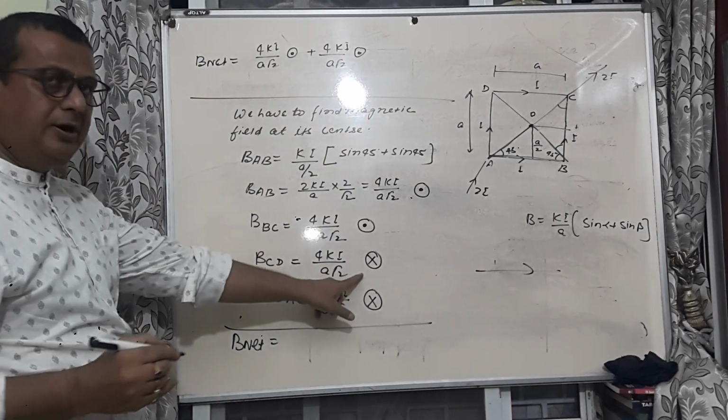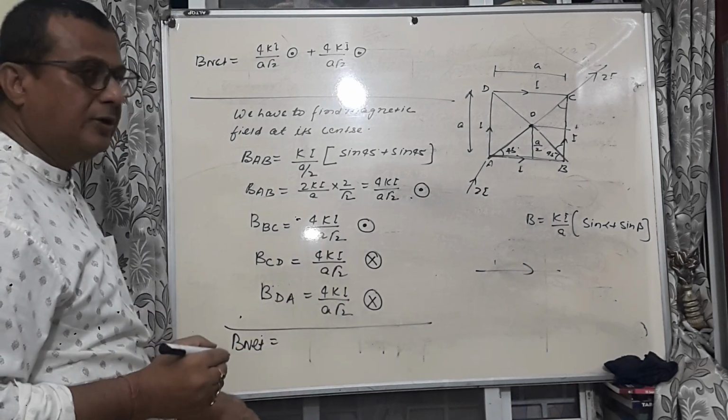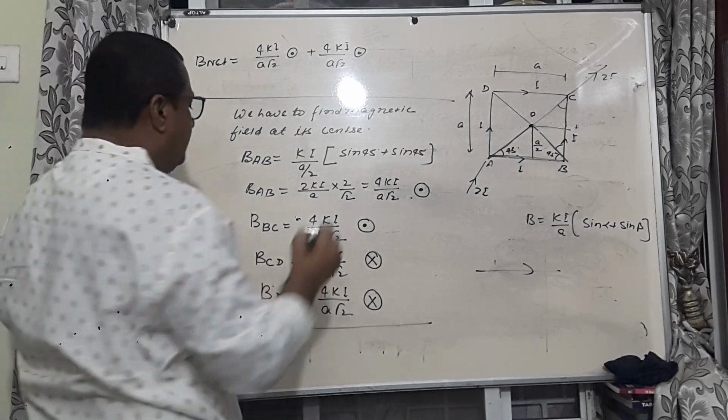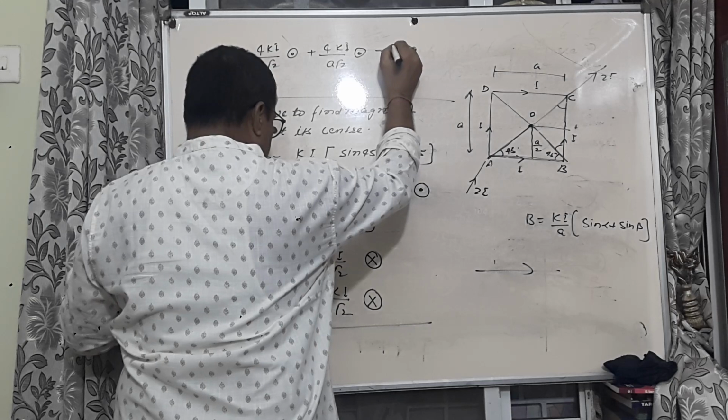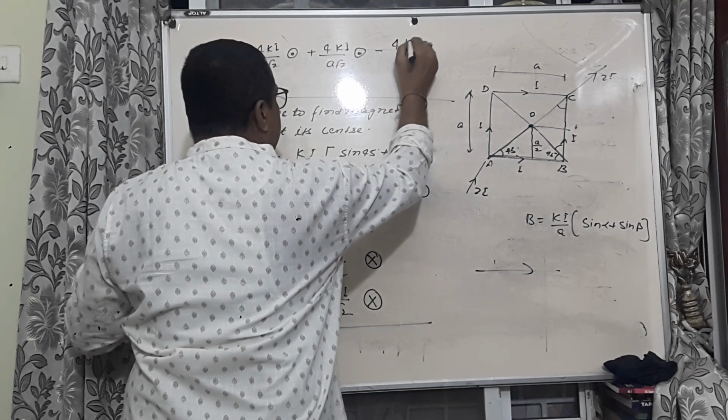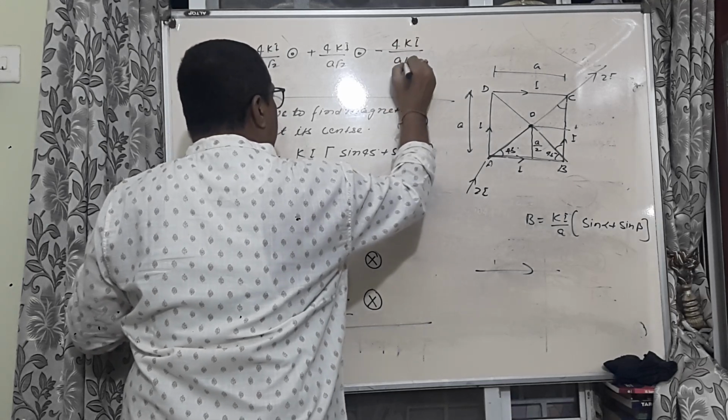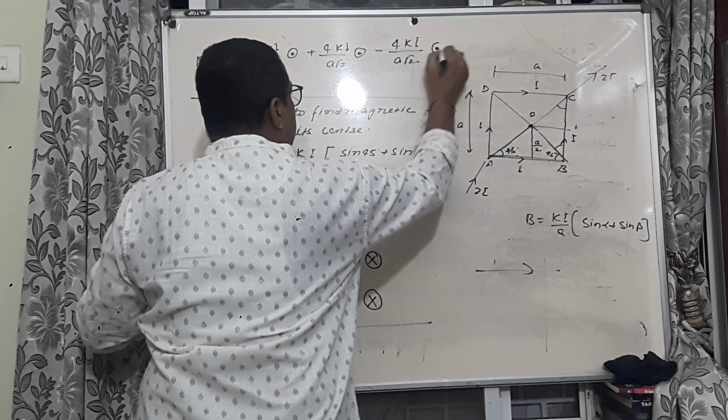This one is inward, so make it outward. So here a negative sign will come. So this will be equal to minus 4 Ki by A root 2, and this will also be outward.